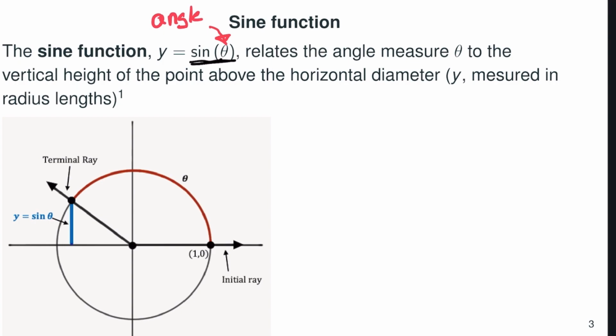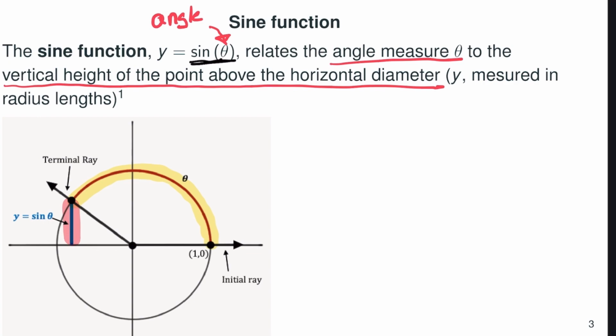The sine function relates the angle measure to the vertical height of the point above the horizontal diameter. The only thing we need for a sine function is an angle. What is the rule? We input an angle, and the output is essentially this distance right here.